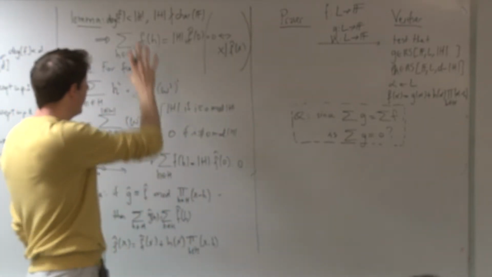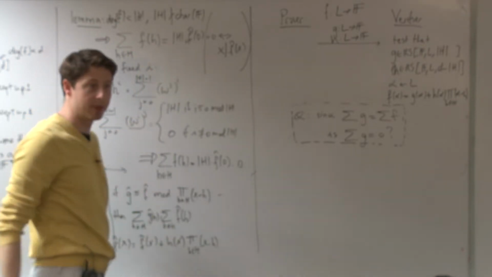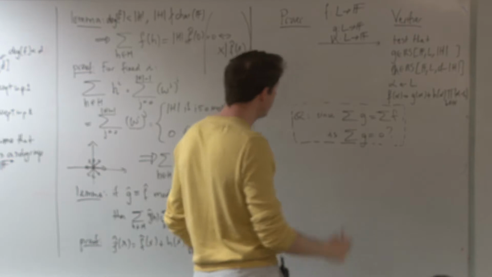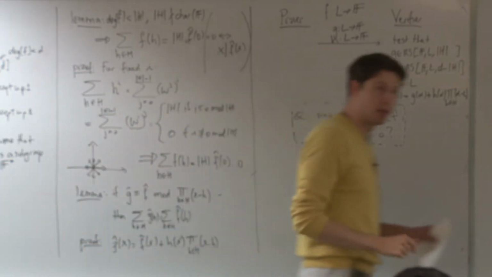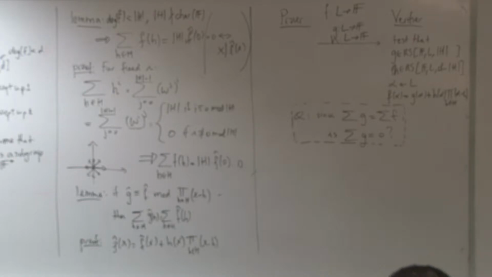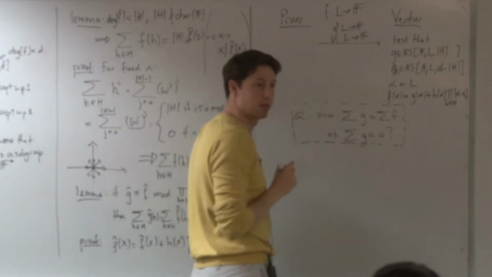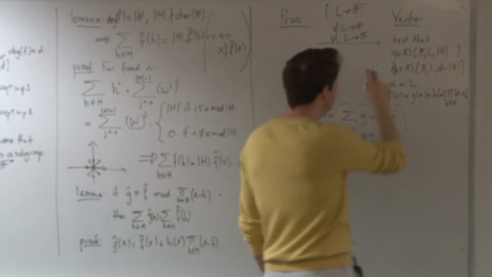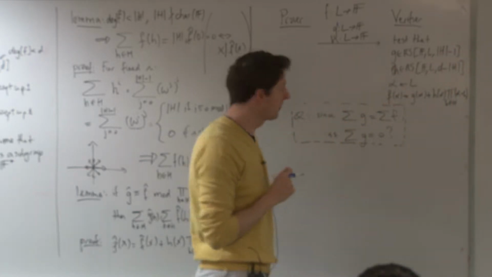I'm now applying this to g hat. So what I'm going to do is ask the prover not to send me g, but to send me g over x. I will tell him, please send me g prime. I will test that g prime has degree strictly less than h minus 1.